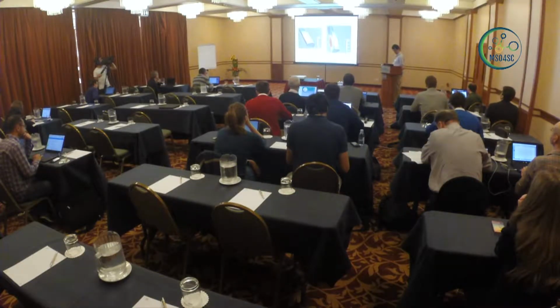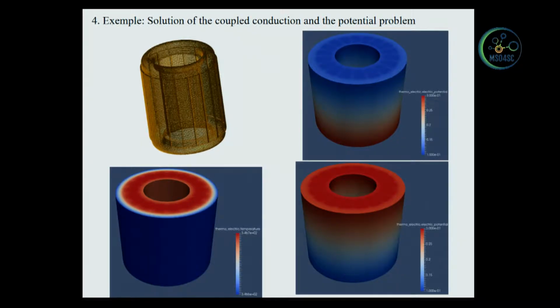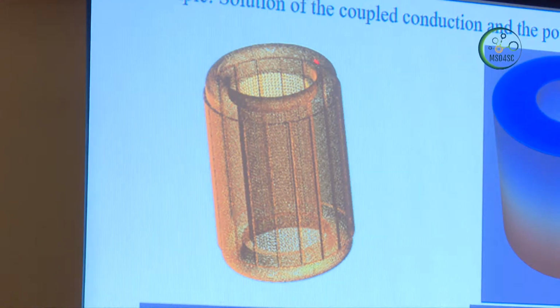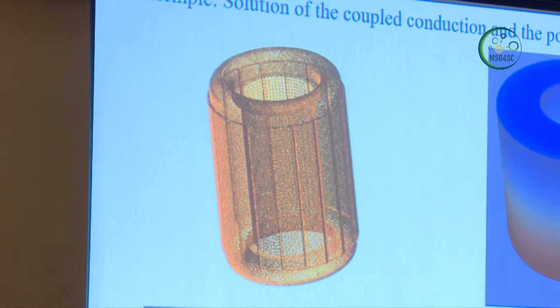Now, for the coupled conduction and potential problems, it was impossible to calculate the potential in the previous geometry, where we have only the winding and the stator, because I have a high gradient of the potential when I calculate the potential in this geometry.